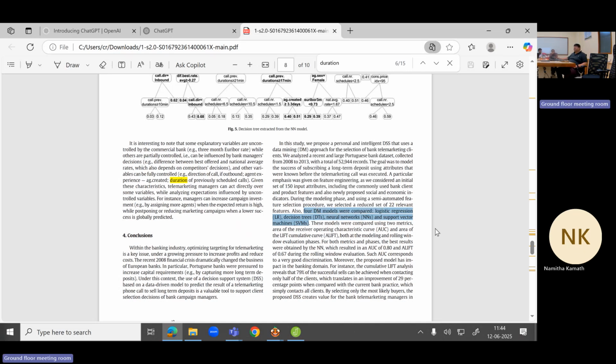So let's say we'll try to simulate this itself: logistic regression, decision tree, neural network, support vector machine.